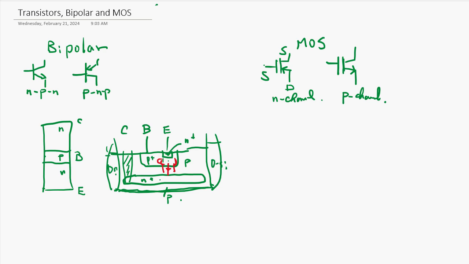So it's a kind of sandwich structure, and base voltage VBE is positive, and this part current flows like a diode, right? Then you also apply collector voltage. This is VCE.